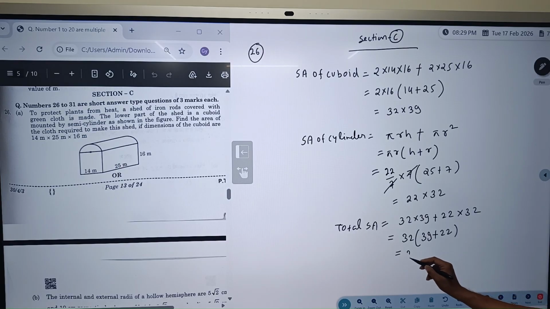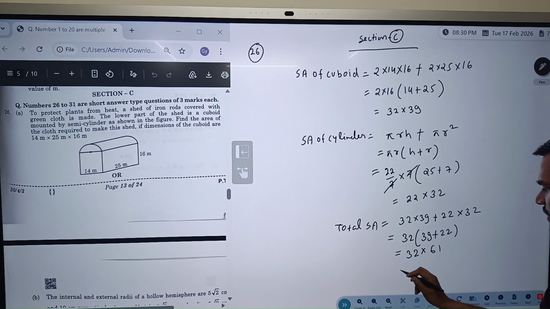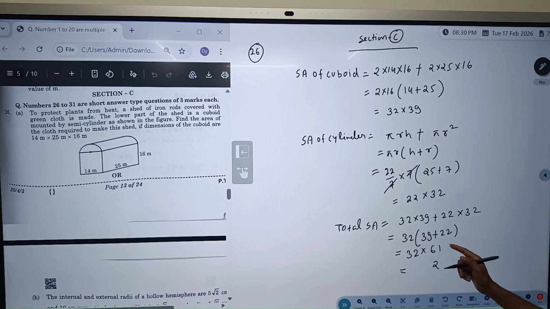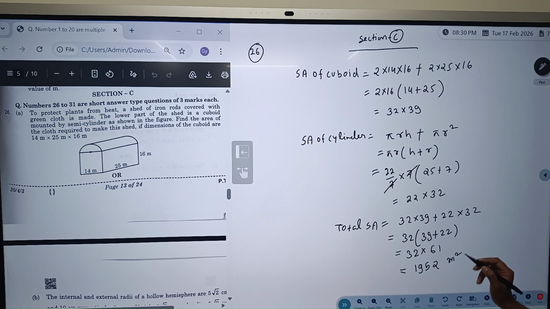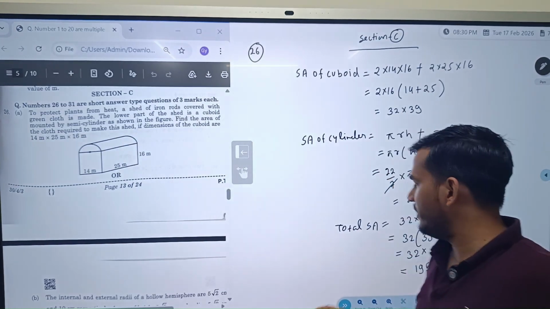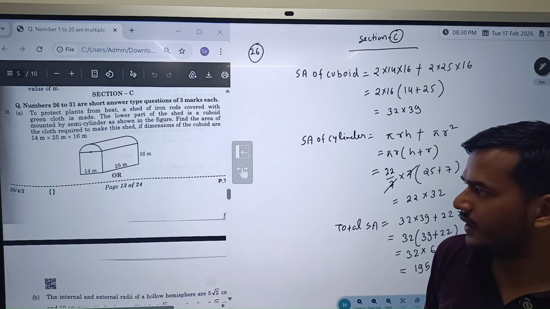So 32 into 61. This is equal to 1952 meter square. The unit is meter square. So 1952 meter square is the total surface area of this figure.